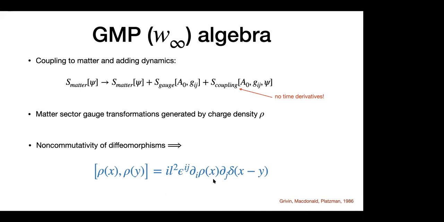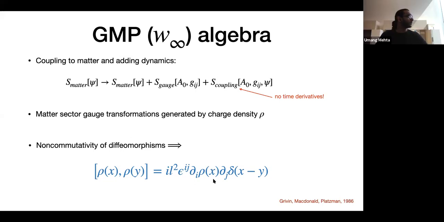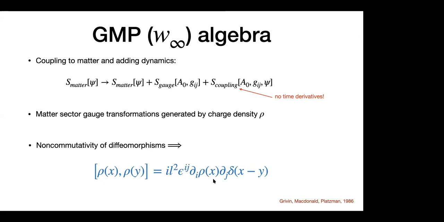I see. And can you talk about why we only see the long wavelength version instead of the full GMP algebra? Is it because we're doing field theory and we can't see short wavelength things?